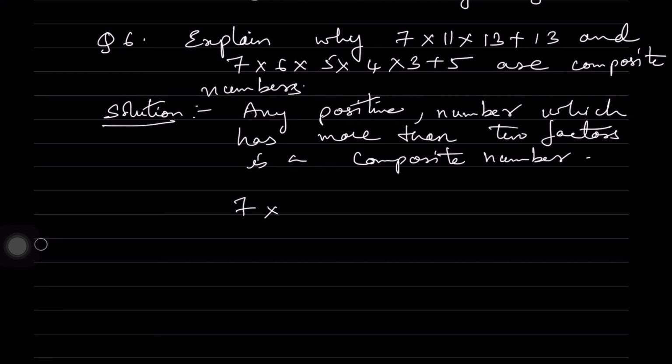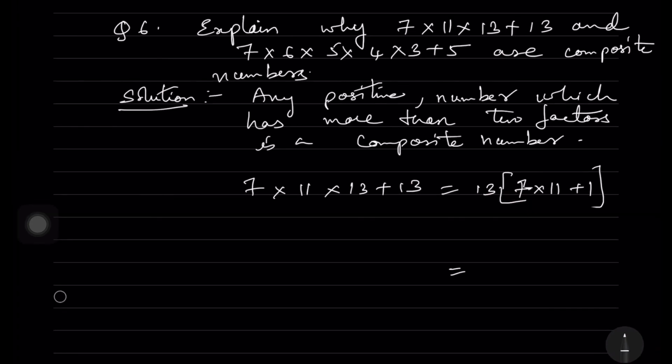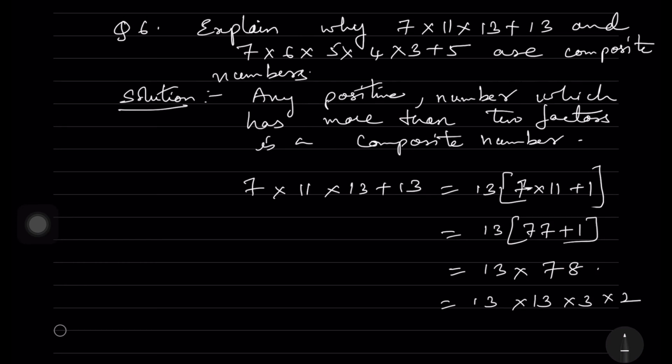So 7 into 11 into 13 plus 13 can be written as 13 times, taking out the common factor, (7 into 11 plus 1). Which can be written as (77 plus 1) into 13, that is 13 into 78.